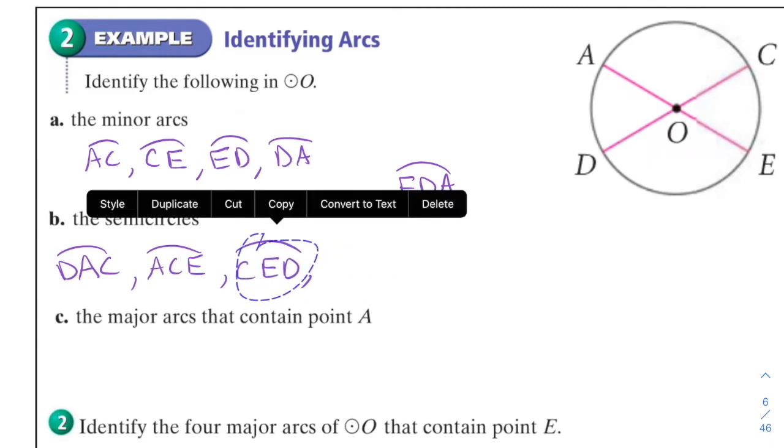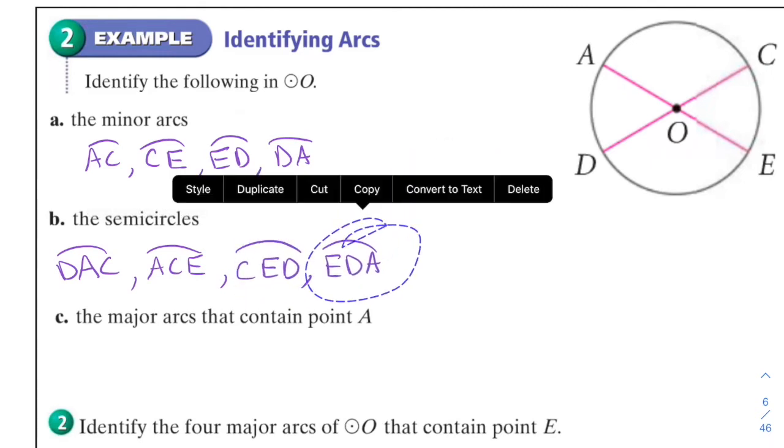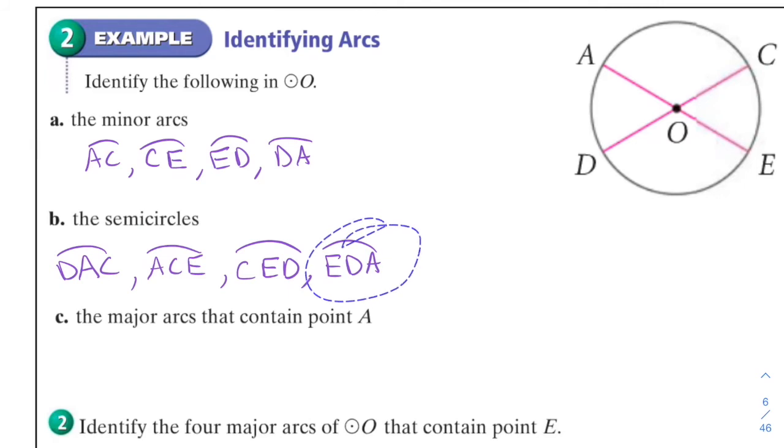Going in order. So CED and then EDA. These are all unique. If you were to switch EDA to ADE and just switch the two letters at the end, that's the same arc. So let's not repeat that because it's the same arc and it's not unique.